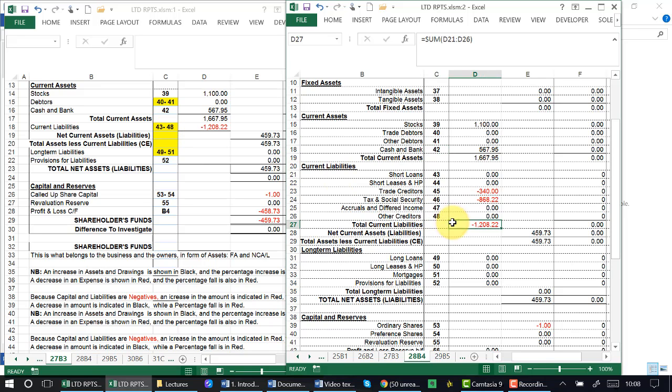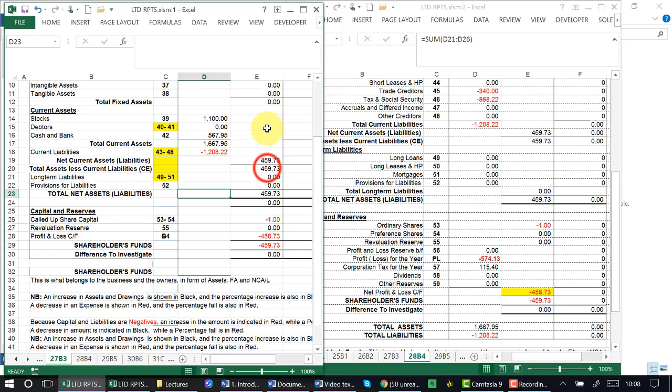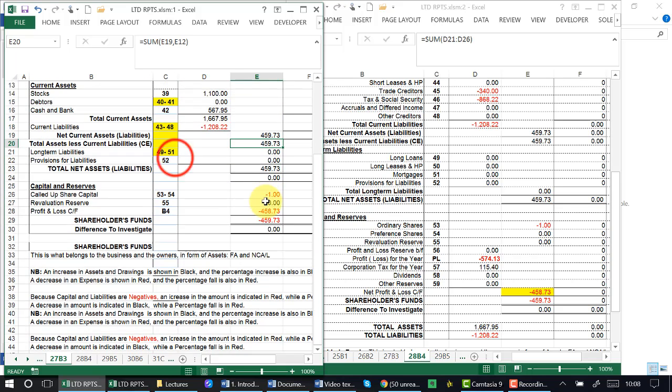They are summed up. And then the net current assets here is total assets plus current liabilities, giving us 459. And then because there are zeros there, that one will maintain 459.